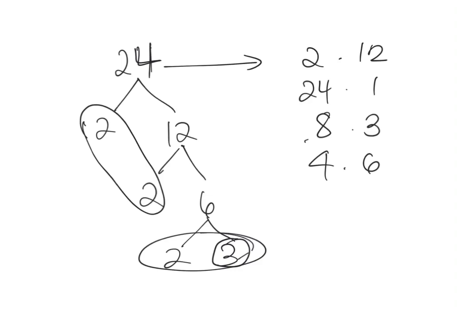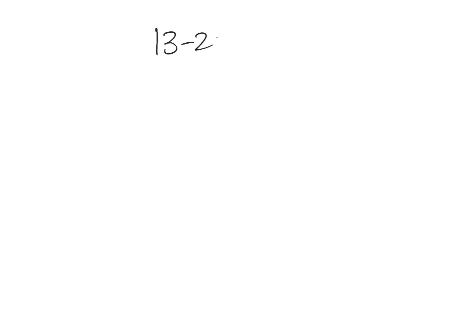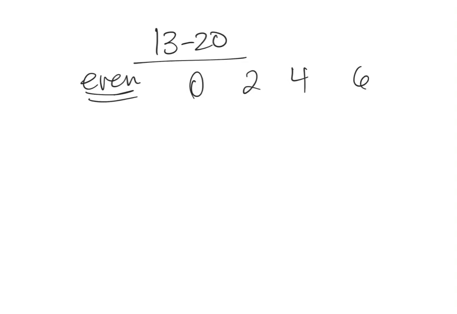Then exercises 13 to 20, they ask you to find which of these numbers is not divisible by 2. Which of the following numbers is not divisible by 2? Well, remember, for 2, you just need to see that they're even numbers. If a number is even, meaning that it ends with 0, 2, 4, 6, or 8, that number is divisible by 2.